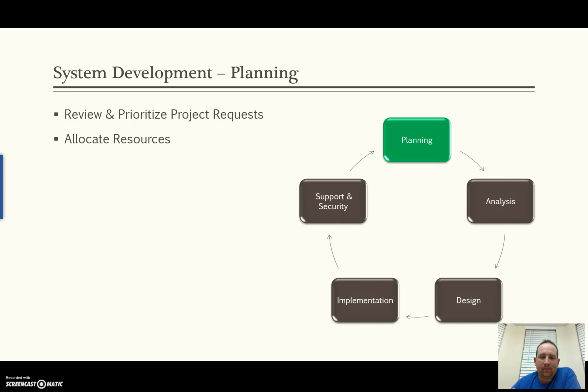If you have deadlines to the project, especially very aggressive deadlines, it's very important that you allocate enough resources, enough headcount, enough people to be able to finish the project successfully on time. And then the next thing is form the project development team. So this typically consists of users of the system itself, analysts, as well as IT professionals.